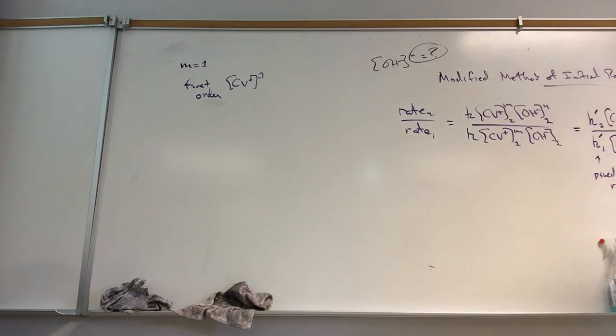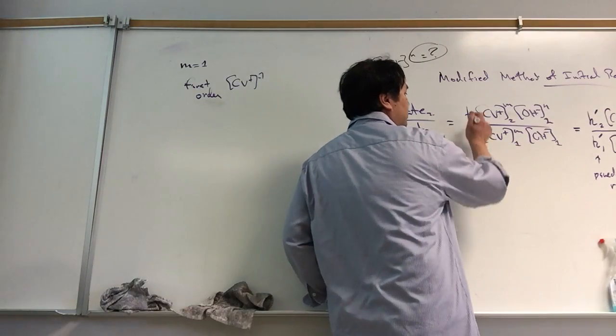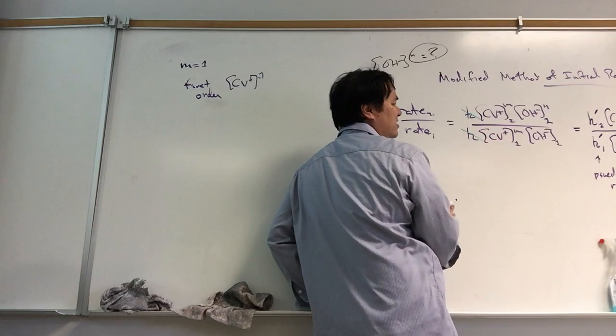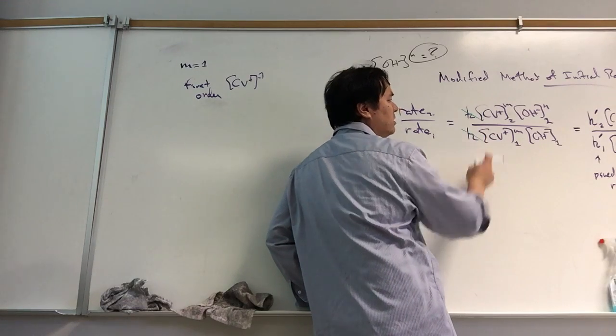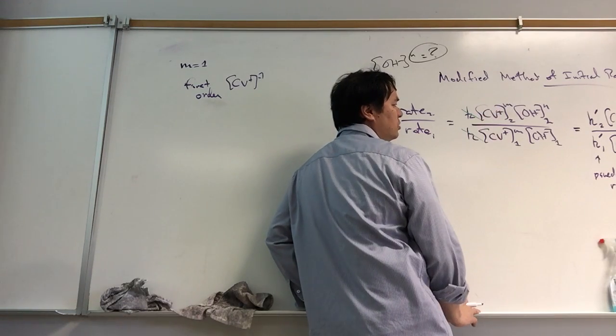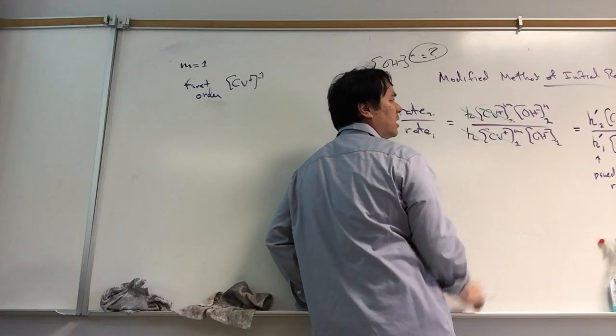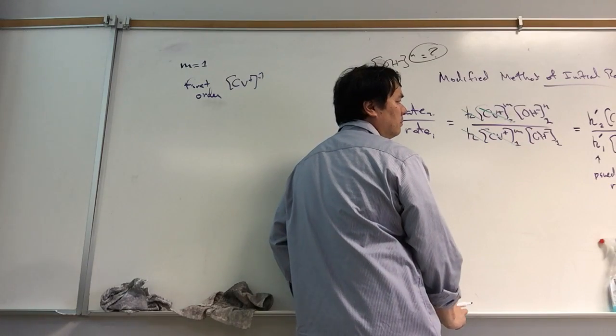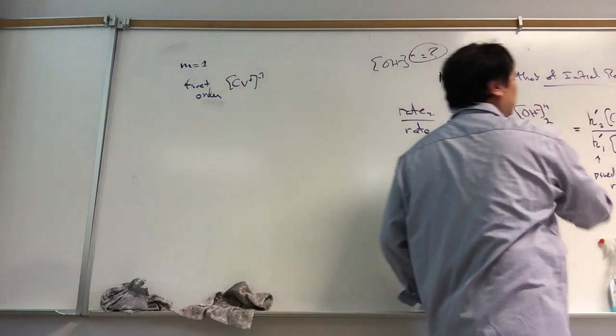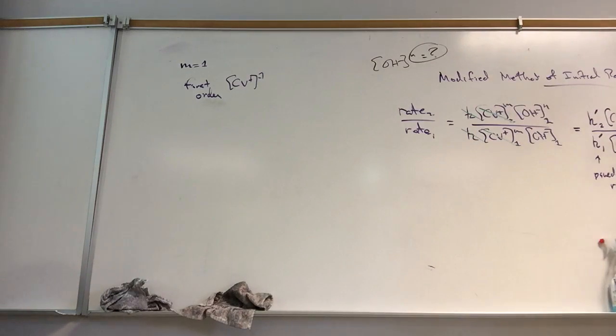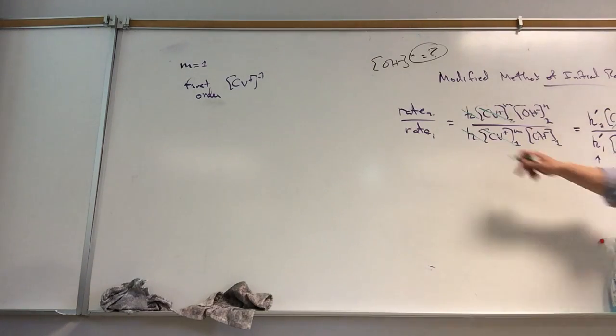Now we're going to simplify these equations. In the first equation, the k's are the same reaction. The initial crystal violet in run 2 and in run 1 is the same, so those cancel. The hydroxides were different. Over here, they're the same, so we actually don't need this.